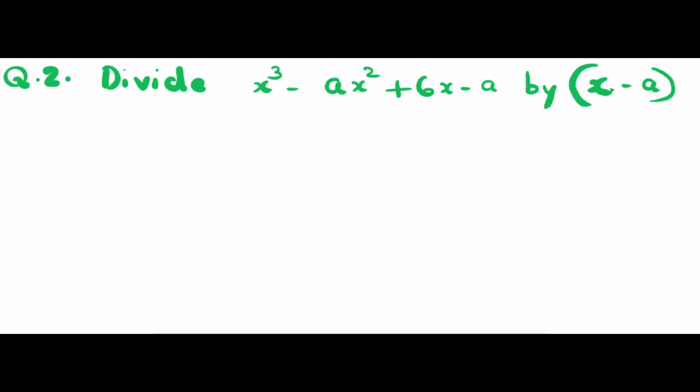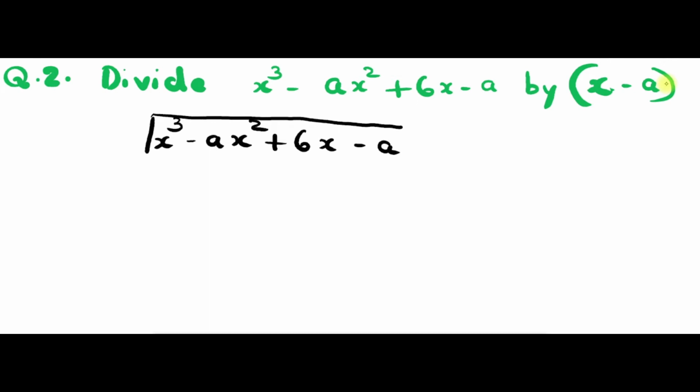Your second question is divide x cube minus ax square plus 6x minus a by x minus a. So, I can write it as x cube minus ax square plus 6x minus a, which is my p of x, divided by my g of x, which is x minus a.